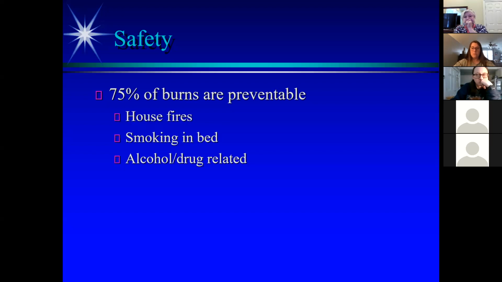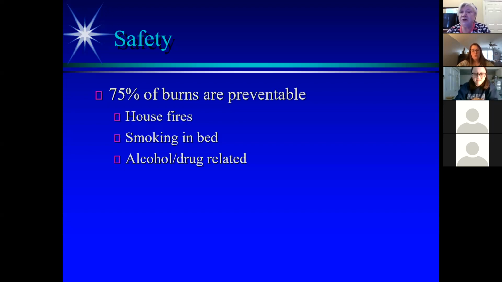Tell me an NSAID. Ibuprofen. Got another one? Tylenol? No, Tylenol is not anti-inflammatory. That's why certain people can take Tylenol that can't take aspirin. Aspirin's probably the most prime anti-inflammatory drug.